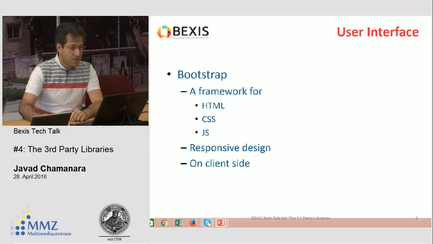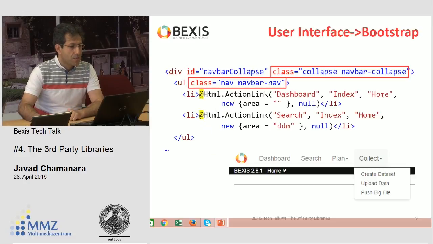For example, here we have a div container that is using this collapse navigation bar and the navigation bar. With this kind of information, there are some action links, which are normal links, but they are represented like this area with search, plan, hierarchical menus, and so on.